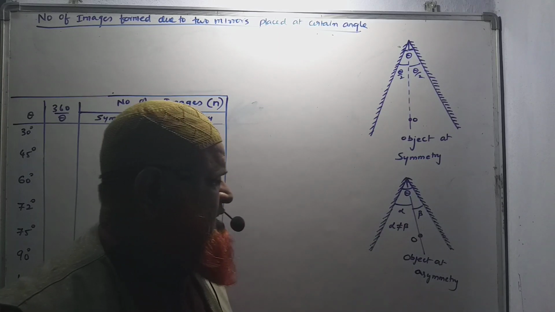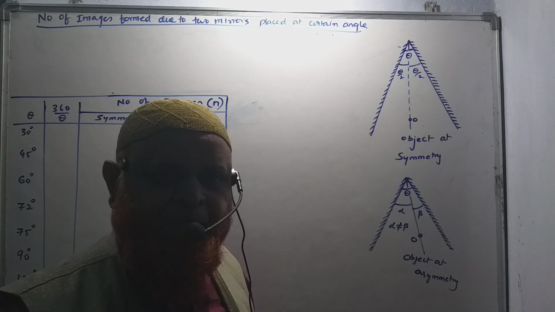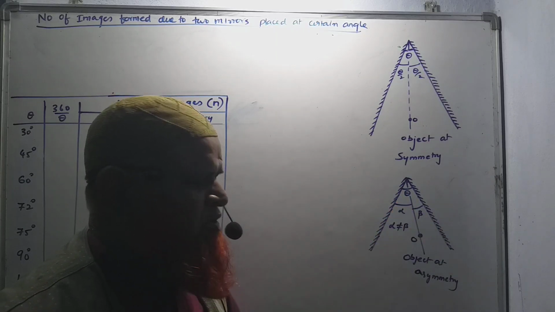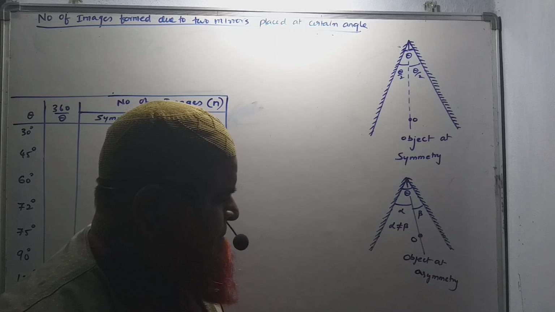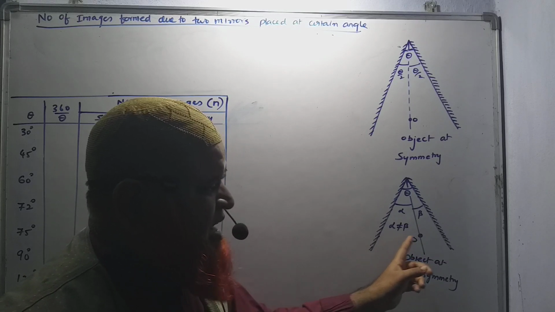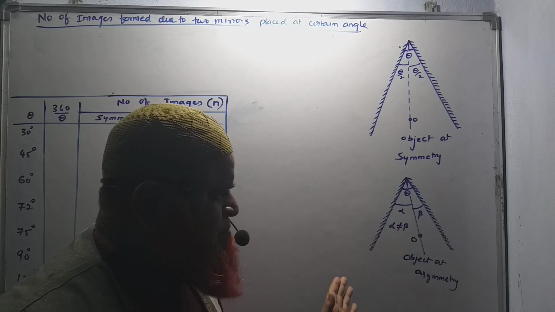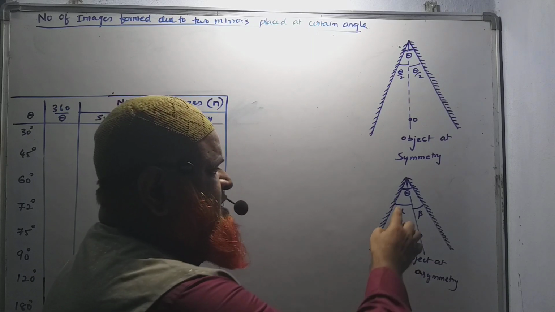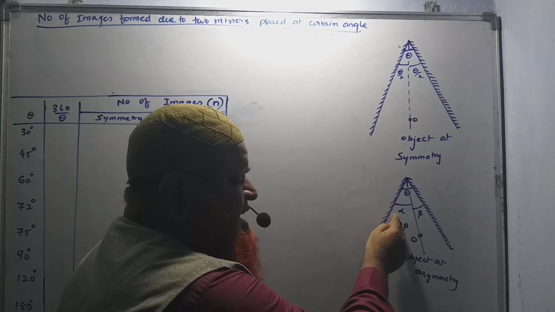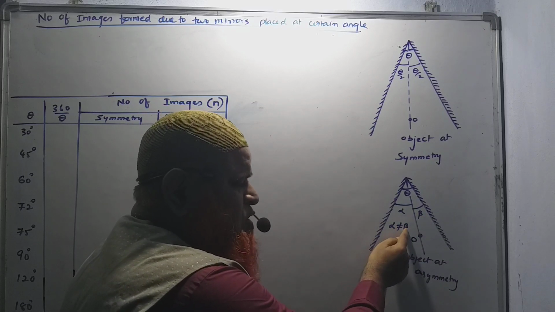And the second case is you are considering the two adjacent walls of a mirror. This is one mirror, this is the other mirror. The angle between the two mirrors is considered to be theta, and now the object is placed a bit aside, not exactly at the middle and not exactly on the bisecting angle, but a little bit aside, in such a way that if the angle between the two mirrors is theta, then the adjacent angles are alpha and beta, where alpha is not equal to beta.